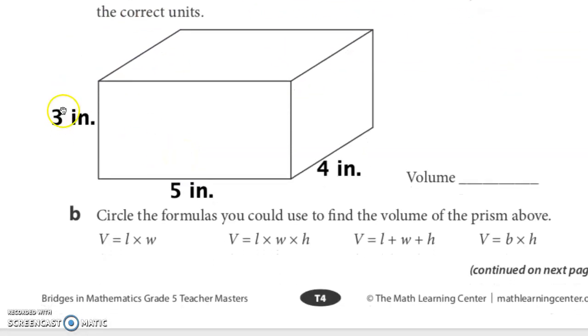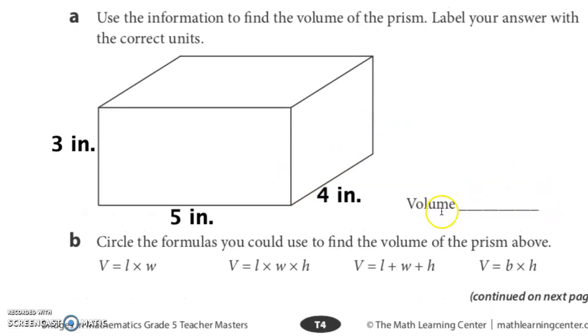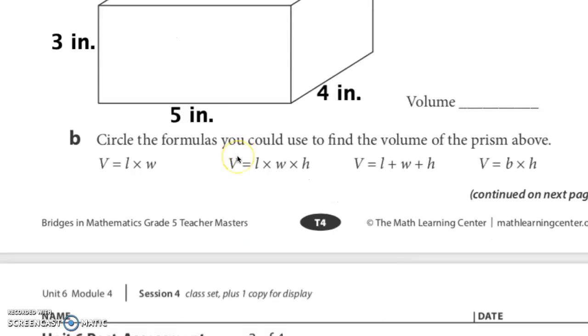You'll see that it's already labeled for you, and you'll also notice that it's in inches. IN period stands for inches. So this has a height of 3, a width of 5, and a length of 4. Now, your job is to find the volume, and then you're going to circle the formulas you could use to find the volume of the prism above.